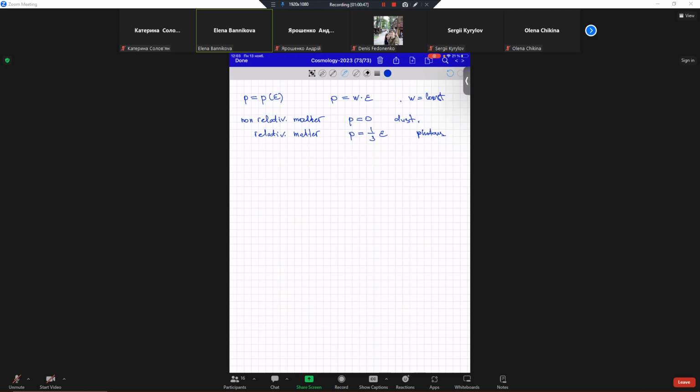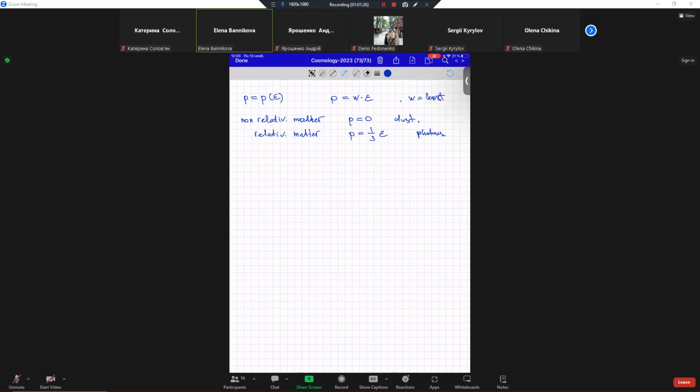And we will see that approximately it also can give this important part, not so important, because as we will see, relativistic matter and photons give not a huge contribution to the total energy density for the present time.